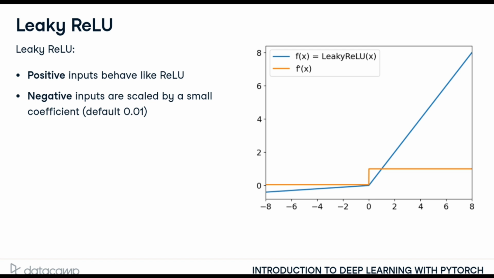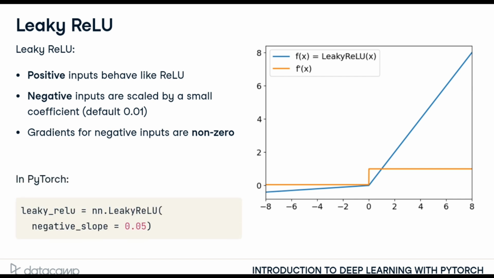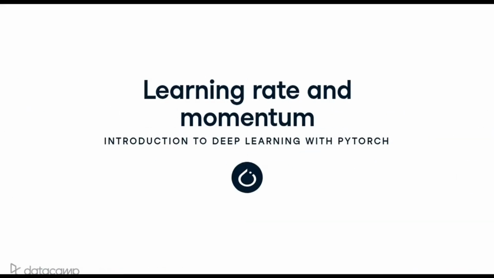This ensures the gradients for negative inputs remain non-zero, preventing neurons from completely stopping learning, which can happen with standard ReLU. In PyTorch, the Leaky ReLU function is implemented using the torch.nn module. The negative slope parameter controls the coefficient applied to negative inputs.